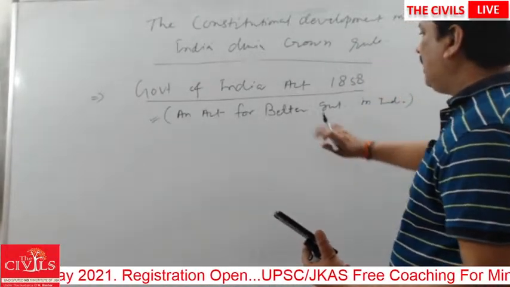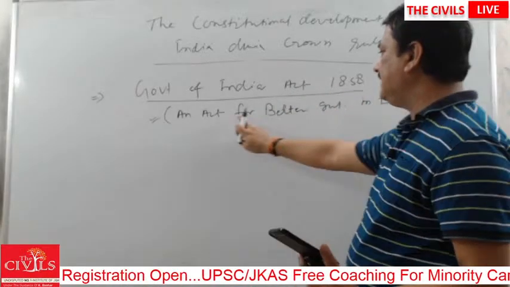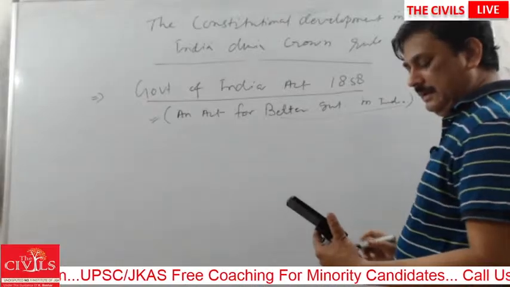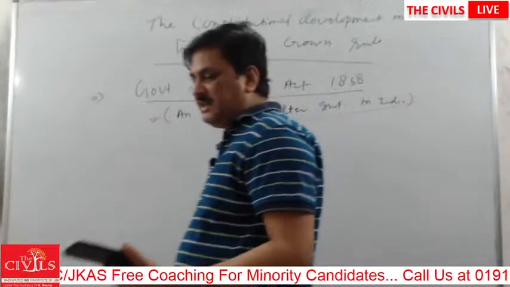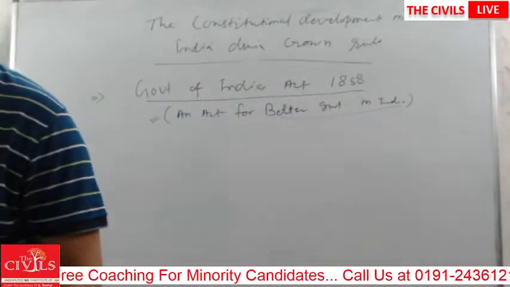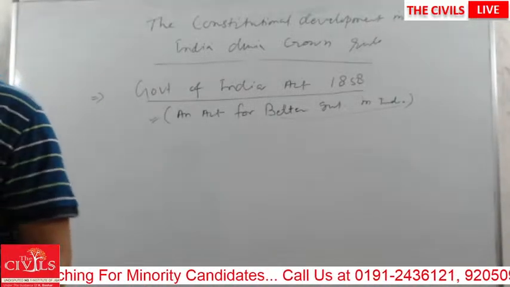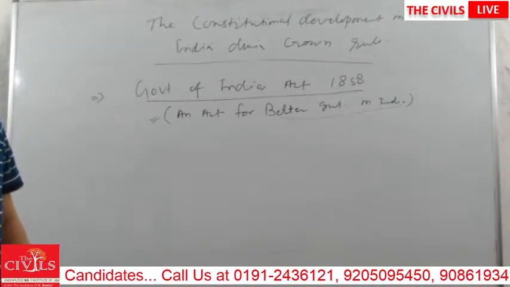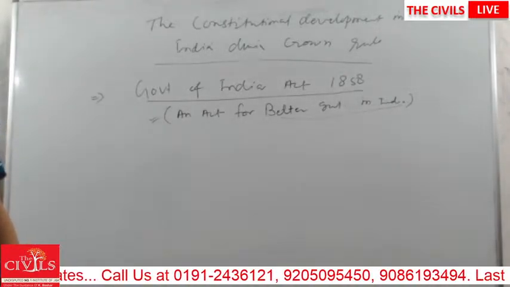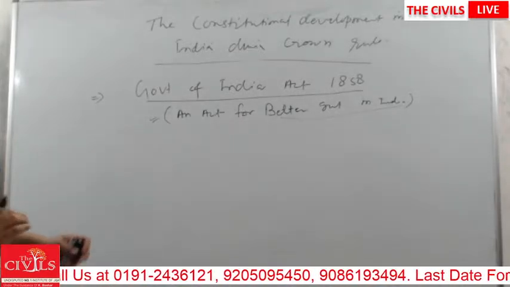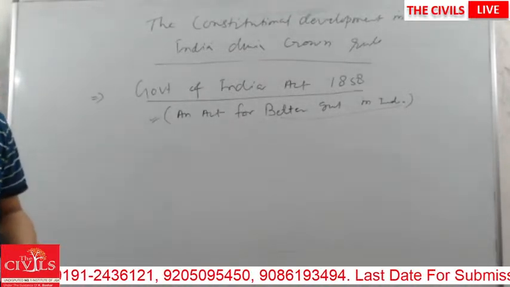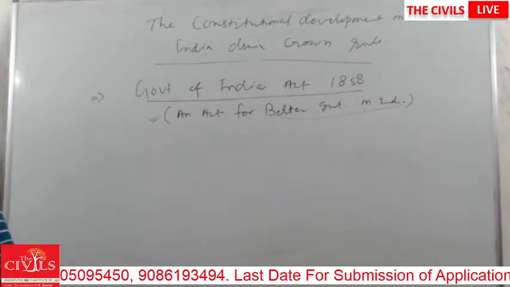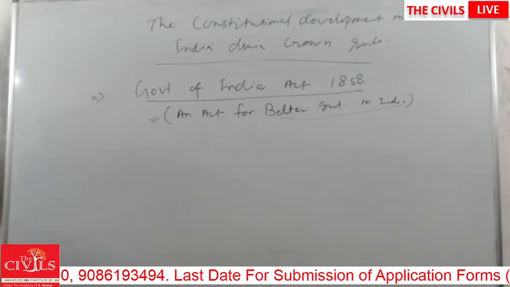Now, the Government of India Act 1858 is also known as an act for better government. What was the provision of this act?